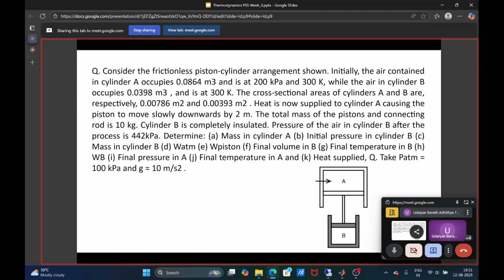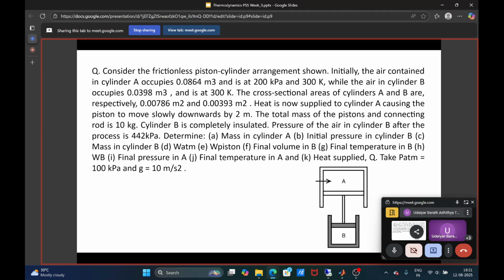So initially we need to find out the pressure in cylinder B. What else is given is the cross-sectional area, and they have said that when heat is supplied to cylinder A, the piston starts moving down by 2 meters, and at the end, when the piston has moved by 2 meters, the pressure in cylinder B is 442 kilopascal.